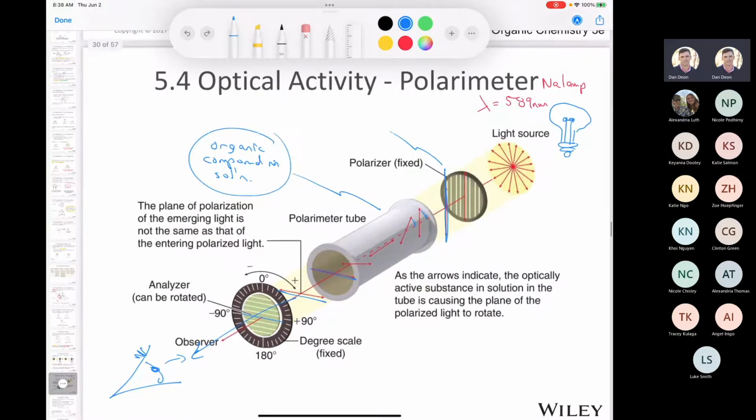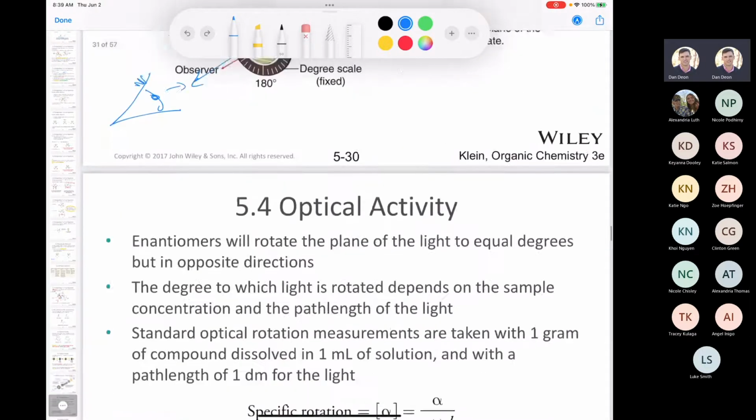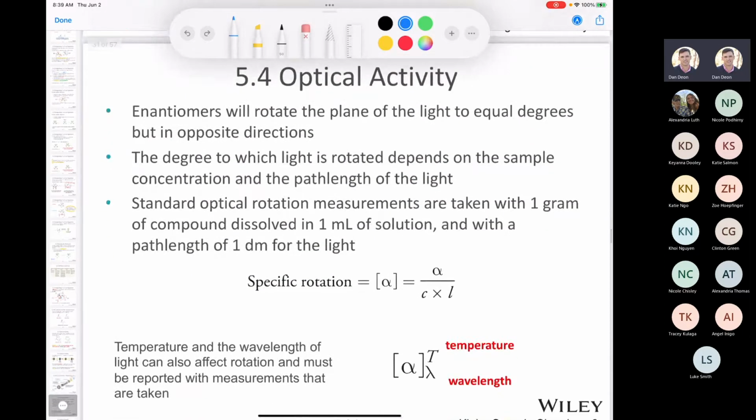Now here, are you ready? Here's the truth bomb. If you have one enantiomer and it rotates plane polarized light, let's just pick a number, positive 50 degrees, the enantiomer is going to rotate the plane polarized light in an equal amount, but the opposite direction. So it would be negative 50 degrees. And that is the main take-home message. Check it out.